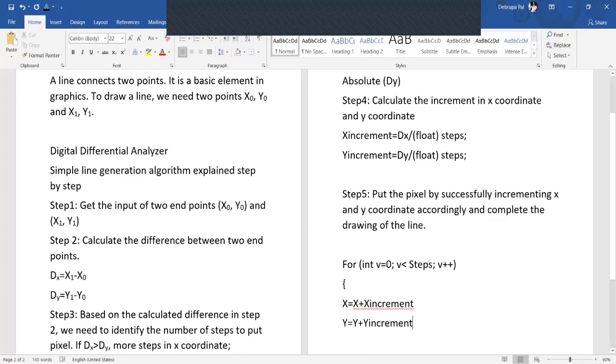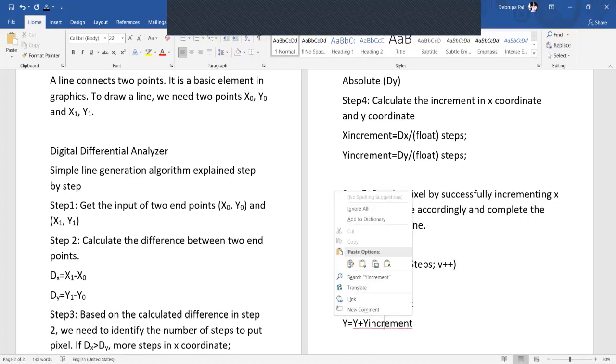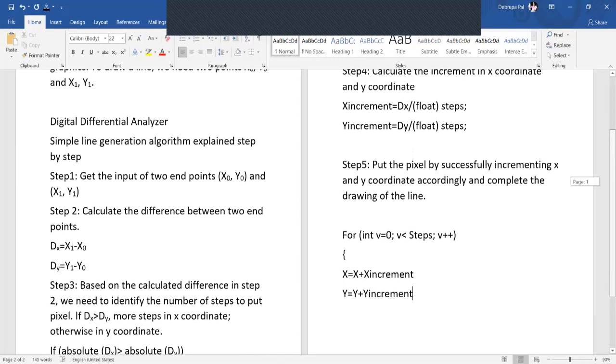So in this way the algorithm will proceed. X is equal to x plus x increment. How the x increment and y increment is calculated, that is being written here.